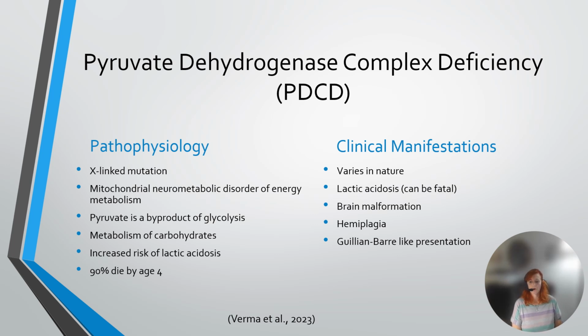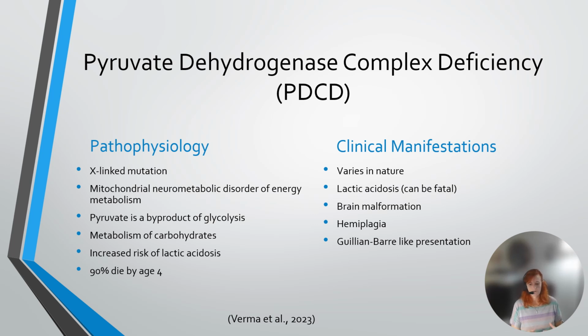And again, your clinical manifestations for this vary in nature. There's a lot of different possibilities. Again, one of the ones you're going to see is those feeding difficulties with all these IEMs. Overall, the newborns are going to be ill appearing. So sometimes they have to rule it out first because, again, they're not feeding properly, they're not absorbing properly.